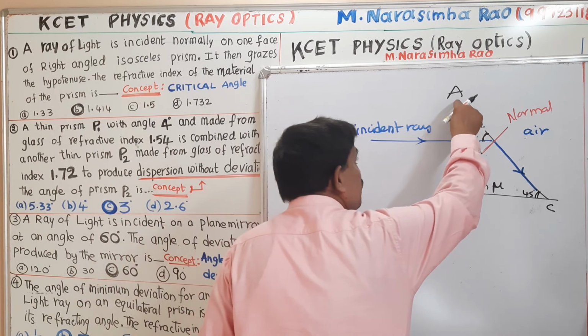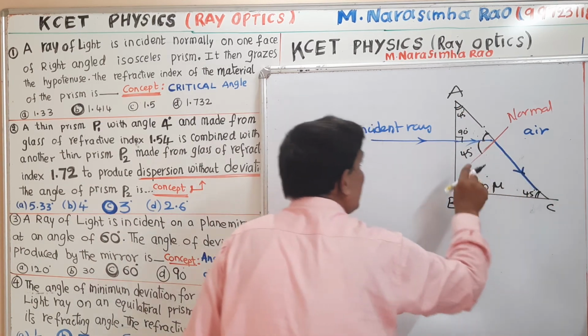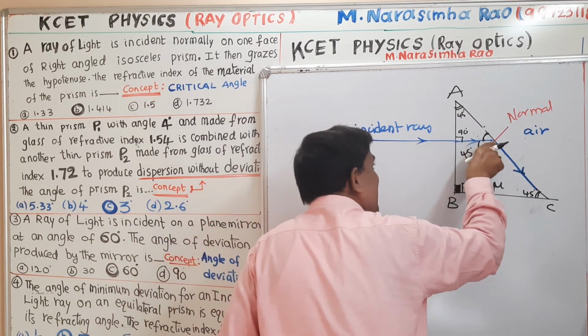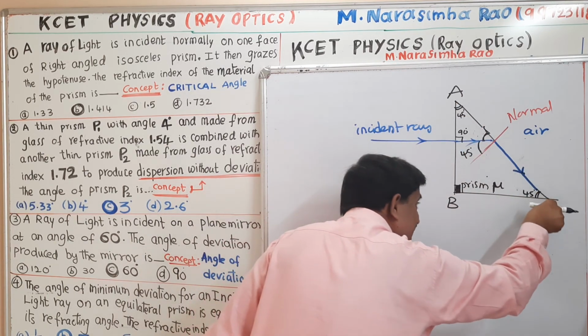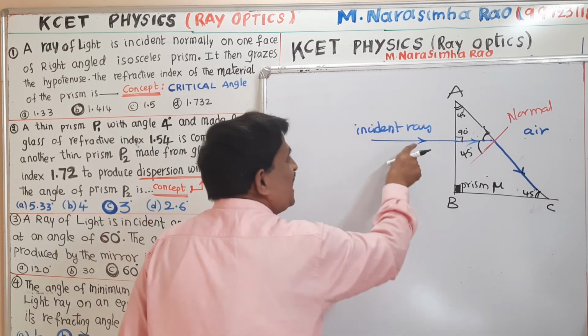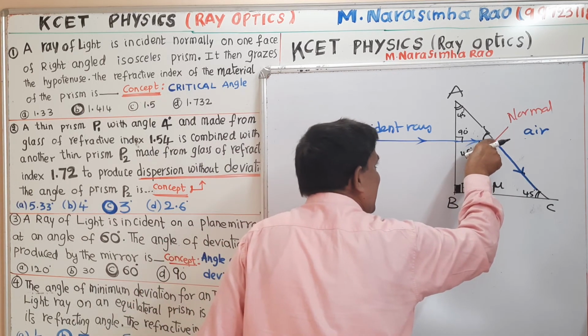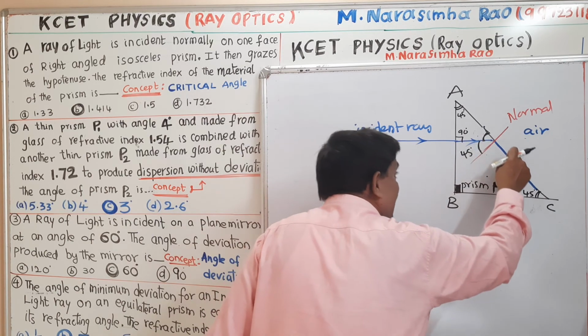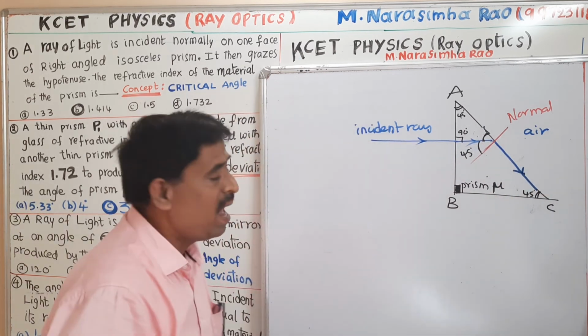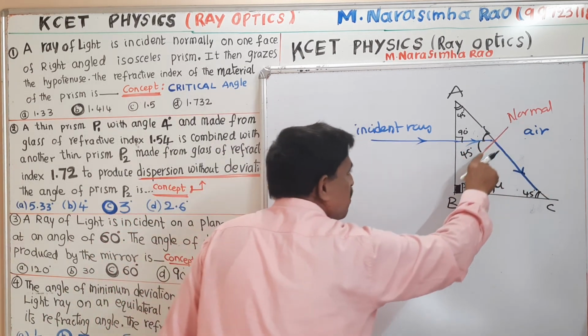For the surface AC of the prism, this is the incident light ray. Here, this is the refracted light ray. Now, this is the normal.